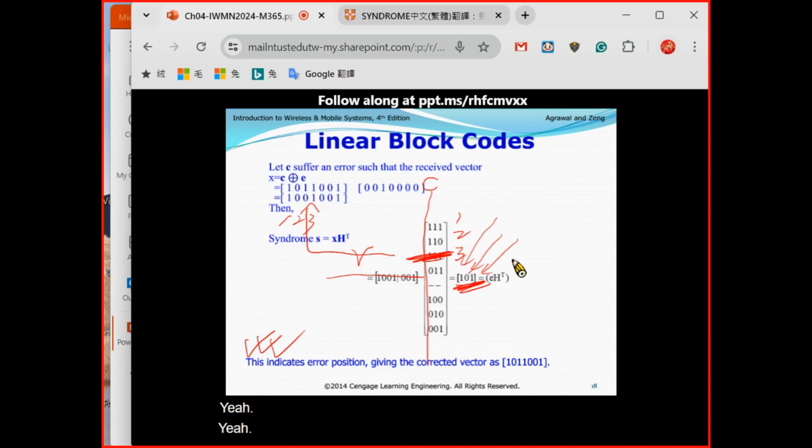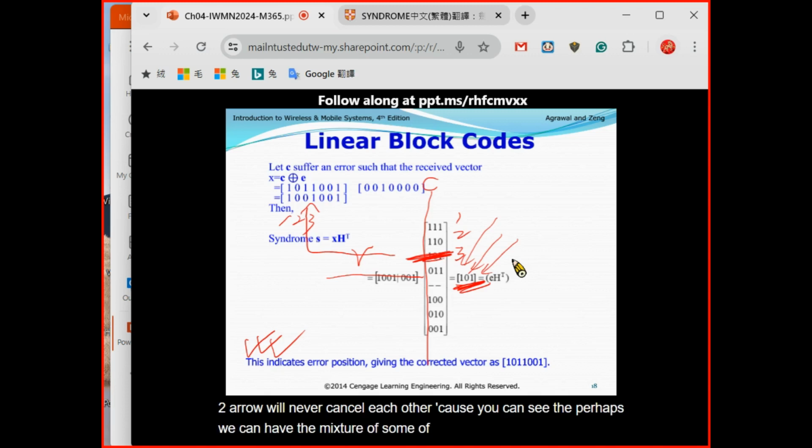Perhaps we can have a mixture of some of them, but you need further processing. You are right. But sometimes, for some cases, it can be cancelled, and sometimes no. Maybe you have a mixture of the 2. The syndrome here can be any part of the mixture of them. If so, then you know, well, identify the second one, the fifth one, they should be corrected. It's possible, but it's a story beyond the current discussion.